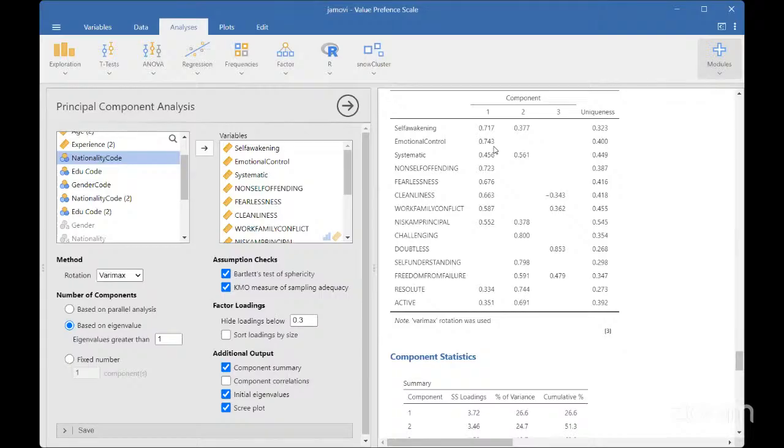In case of the systematic, you will find that the loading is also in the first component and the second component. In case of the second component, maximum loading is in challenging, and after that self-understanding.